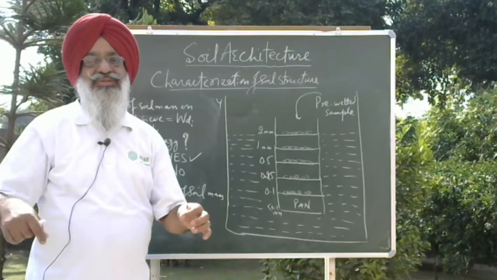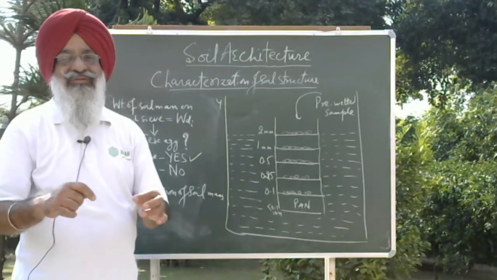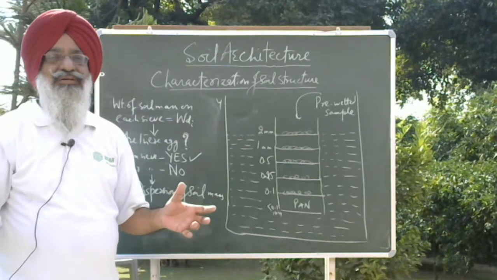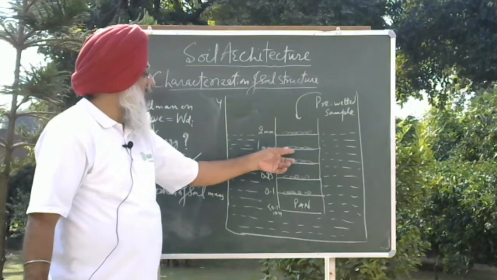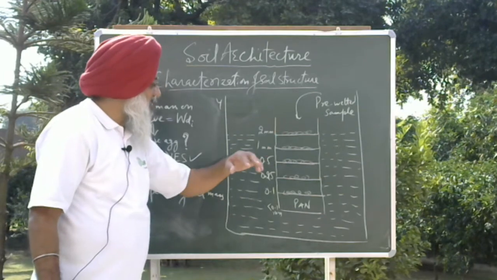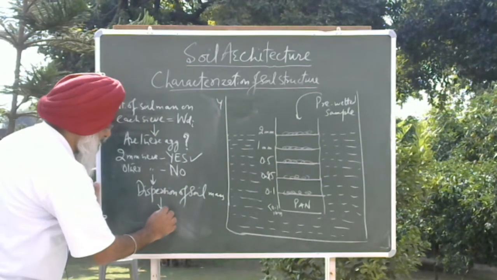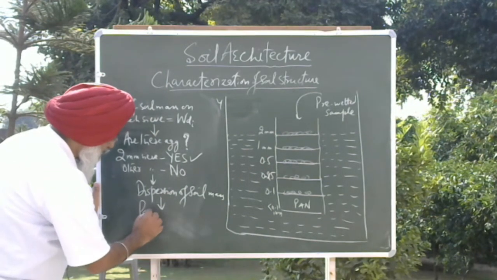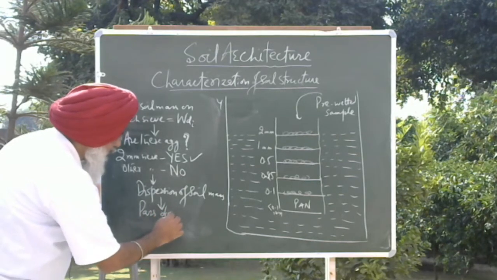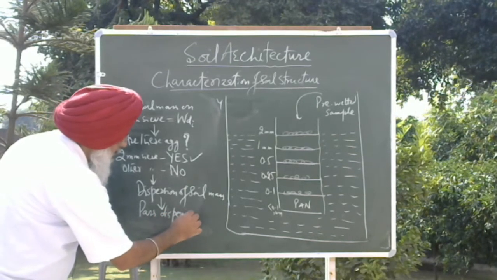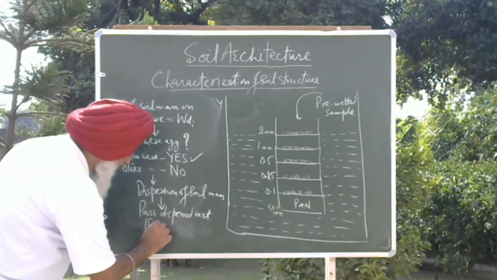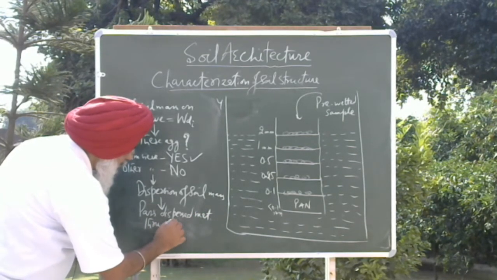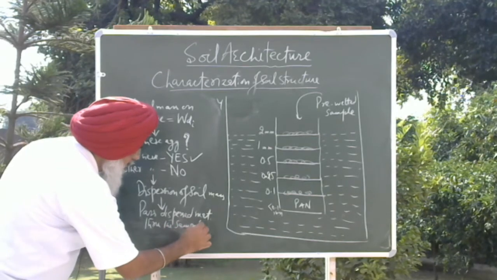So, once your soil is dispersed, you have added sodium hydroxide or sodium bicarbonate so as to disperse the soil particles. Then you have to pass this dispersed material through the same sieve from which you had taken it, through the same sieve.